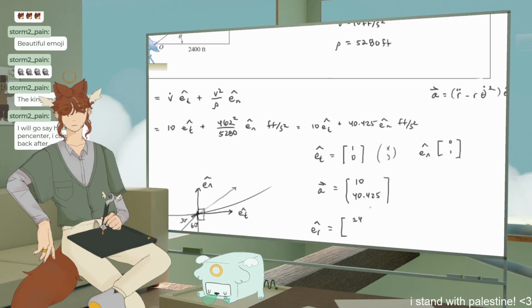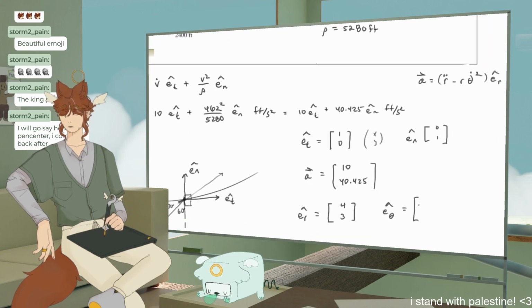What do they both divide by? 6, so 4 over 3. And then E theta. I'm just interested to see if this will work. We did it geometrically, but what if we just project the vectors? Vector projection is not that hard.